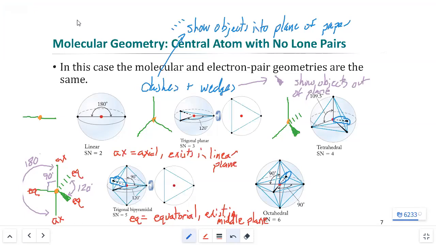Those equatorial positions are called equatorial because, like the equator, it exists in the middle of the sphere. So they exist in this middle plane. In the case of trigonal bipyramidal, that middle plane is triangular. So they're all 120 degrees apart from each other.